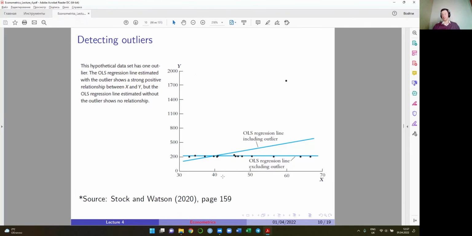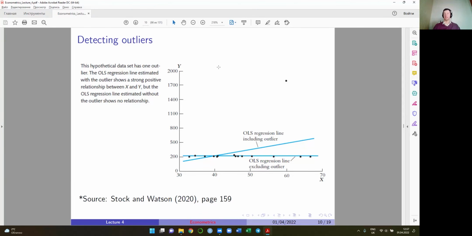And look what happens. If you drop this outlier, all the other observations belong to this horizontal line, which means that if I change x, nothing happens to y. There is no relationship between x and y.